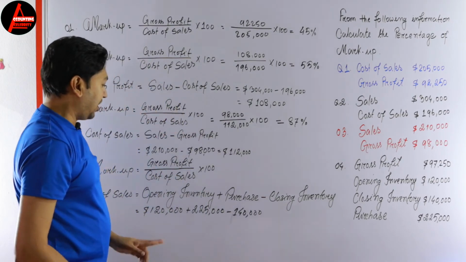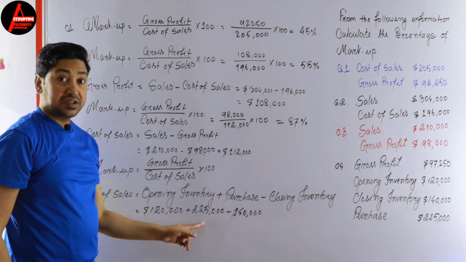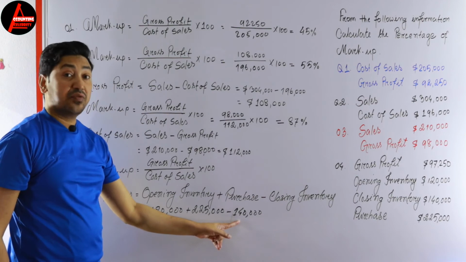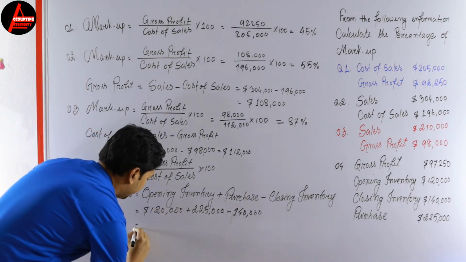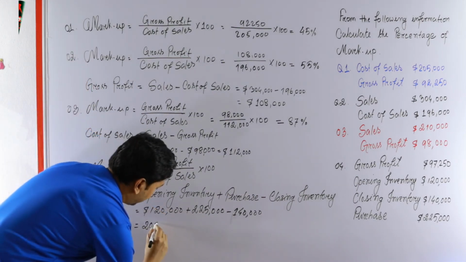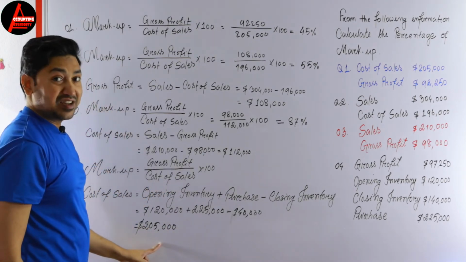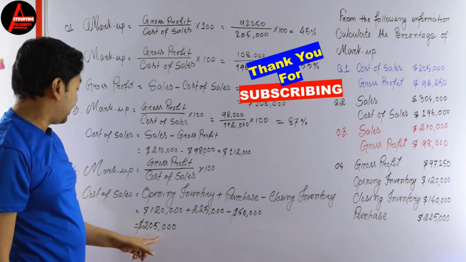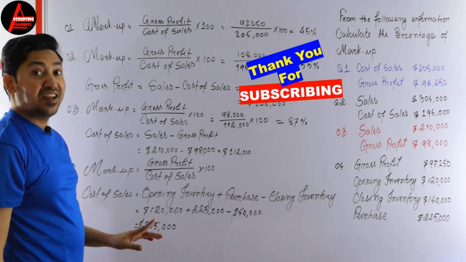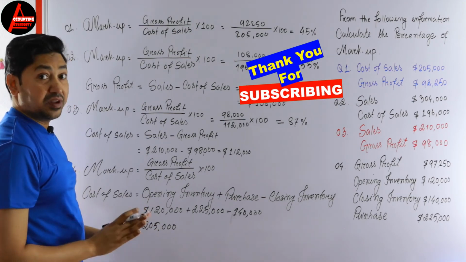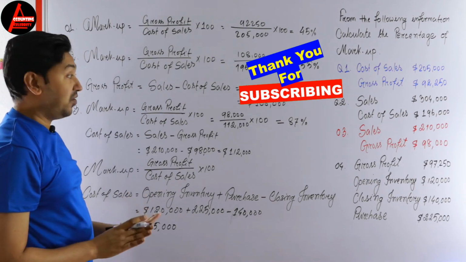If we add these two values and subtract this $140,000, we get $205,000. So we calculated our cost of sales. This is very simple, but you need to know the formula.